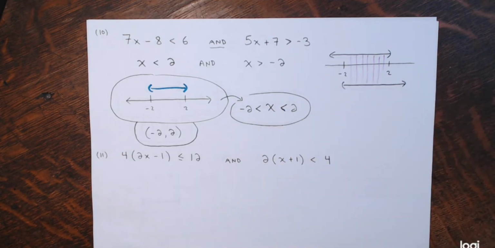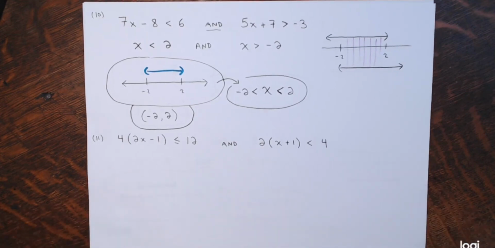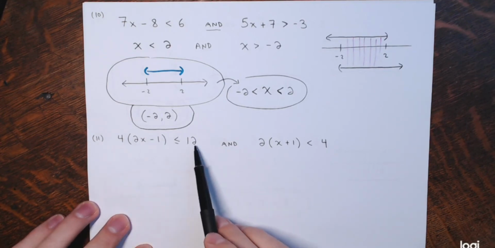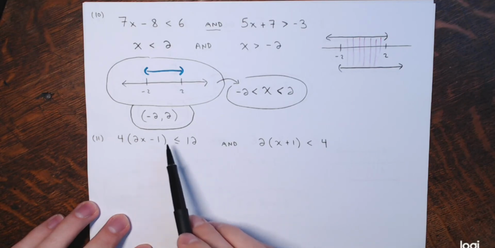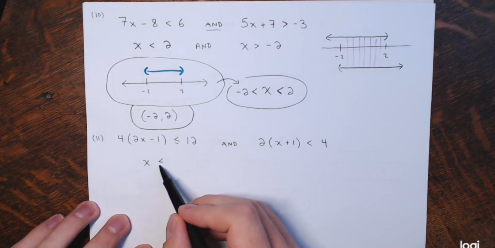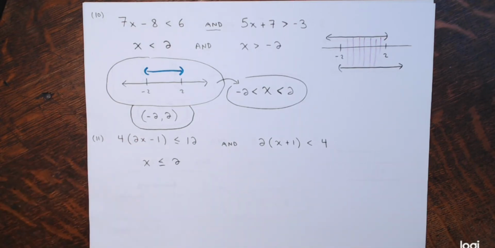Okay. So again, I'm not going to write out every little step. I'm just going to describe how I would find the solutions to these. So this one I would divide by the 4, right, to make this 3. Then add 1. 3 plus 1 is 4. Divided by 2 is 2. So x is less than or equal to 2 would be the set of solutions to that first inequality.